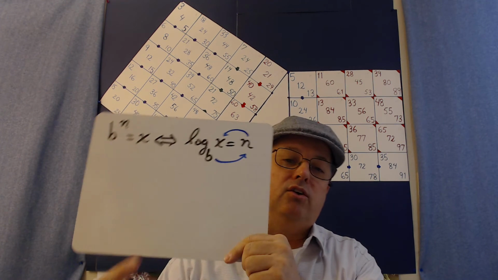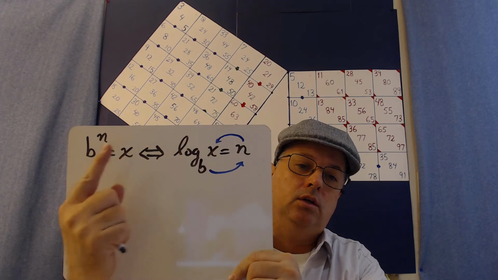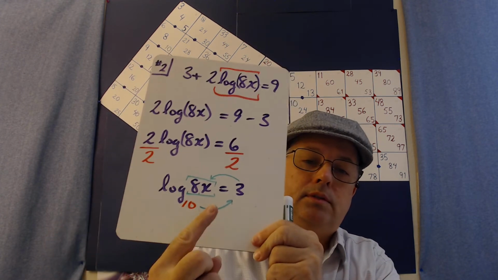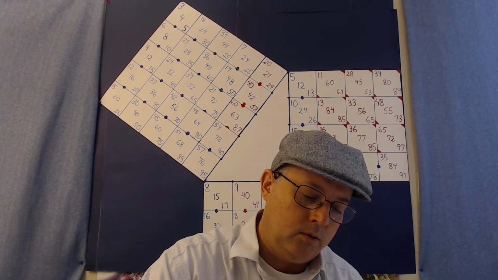Now when we do our round trip, we're going to do b to the n equals x and change it from a logarithmic equation to an exponential equation. So this becomes 10 to the third equals 8x.